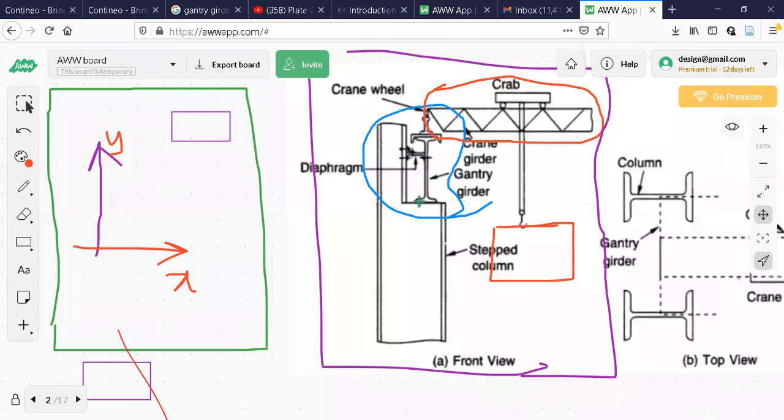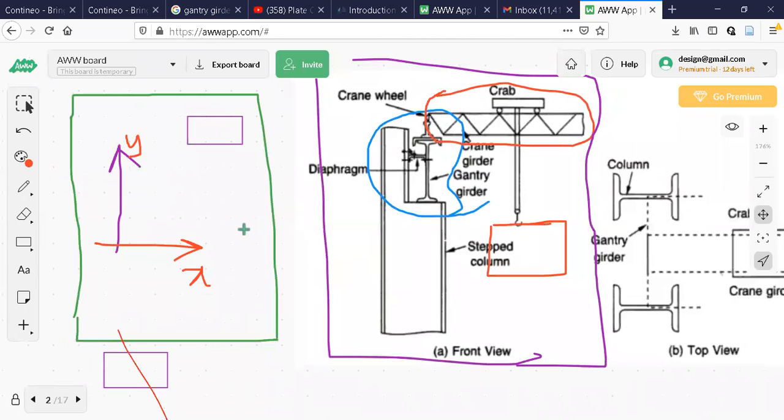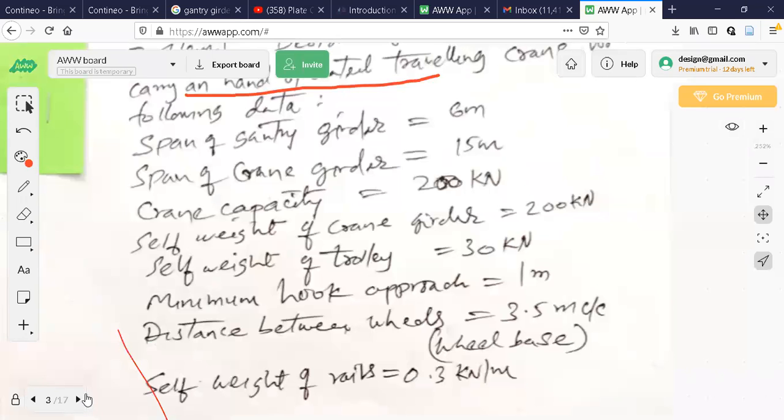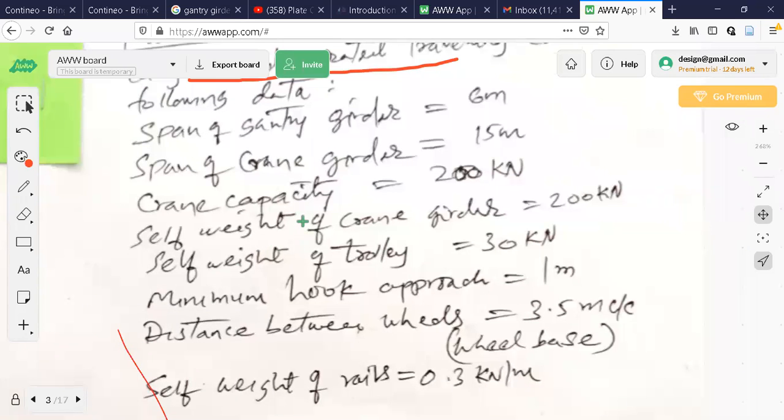It means whatever this profile is there now, that is a channel and I section, the length of this is 6 meter now. Span is 6 meter means that. Okay. So along y direction, you have to go. Along the y direction, the span is available for you. Span of gantry girder is 6 meter.